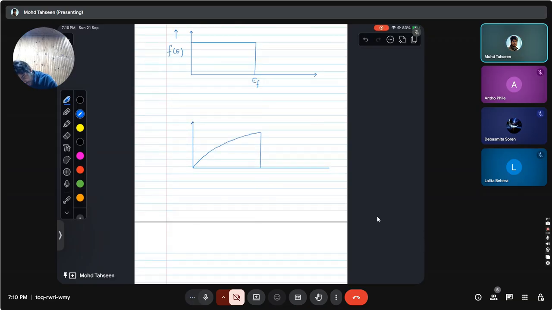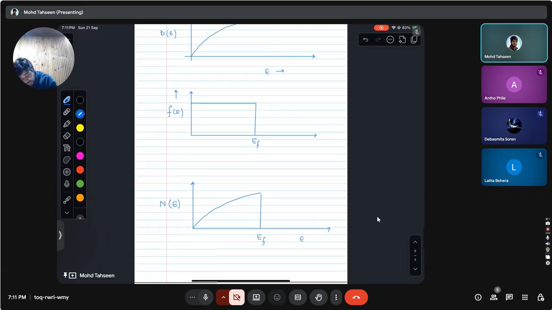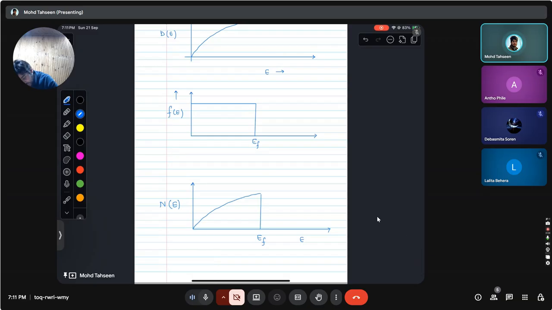This is what the product of these two functions would be like. This is N of E, this is again E, this would be E_F, and this is at 0 Kelvin, right? And then we said that if we raise the temperature, the distribution changes like this.